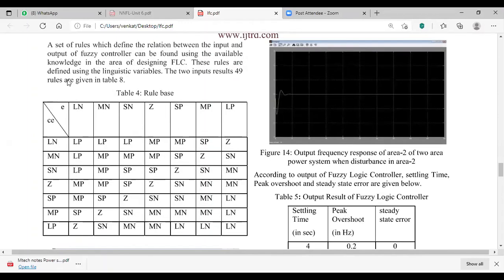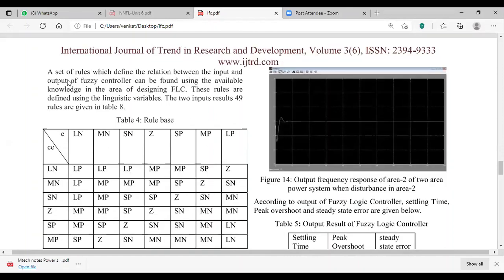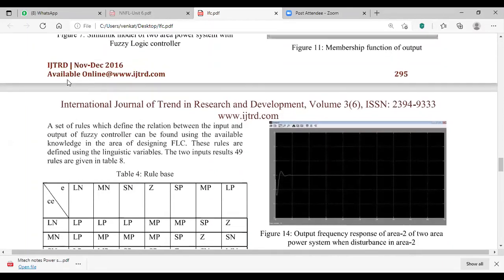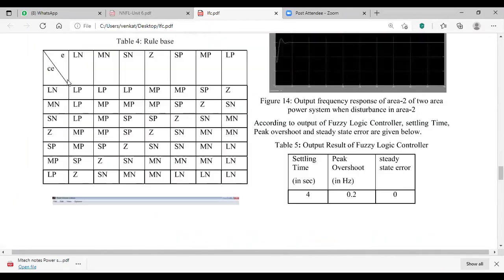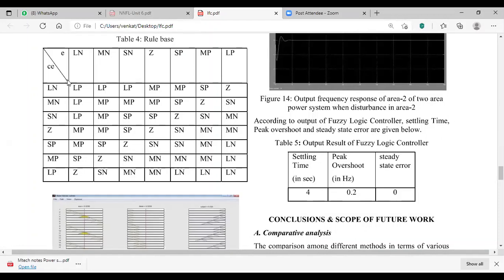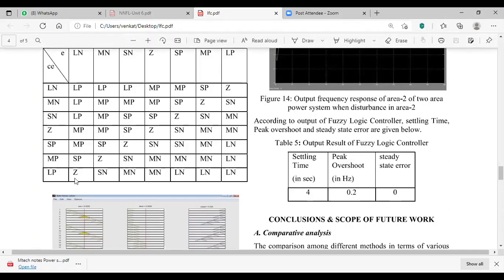Ultimately the output of the PID controller also gives you settling time, peak overshoot, and steady state error. You need to reduce your steady state error and enhance your transient performance. Also, you need to monitor your settling time, peak overshoot, and steady state error. So these are the linguistic variables for the fuzzy rule base.